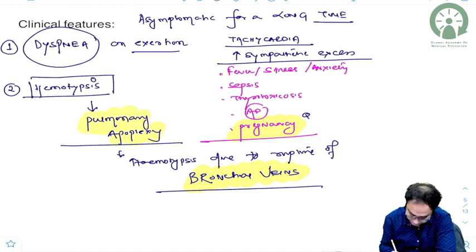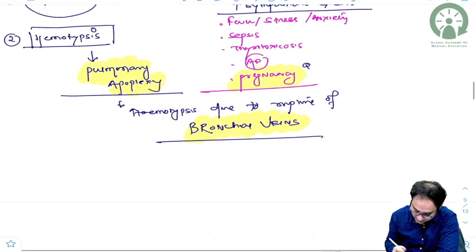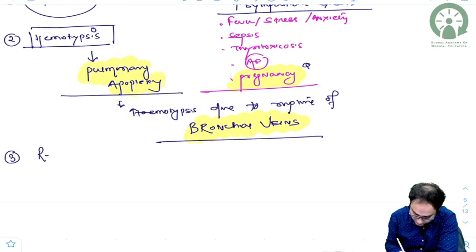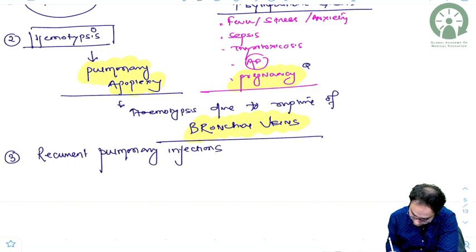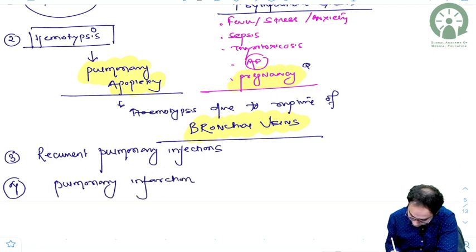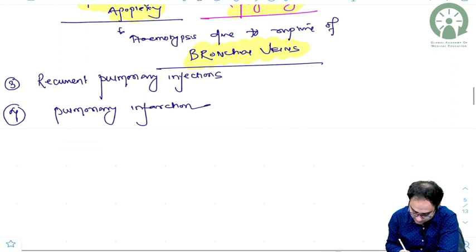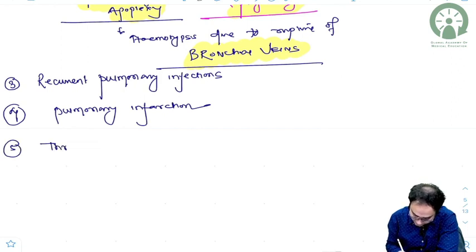Okay. And I mentioned that you can have recurrent pulmonary infections. You can have pulmonary infarction. And you can have what is known as the most dreaded part, thromboembolism.